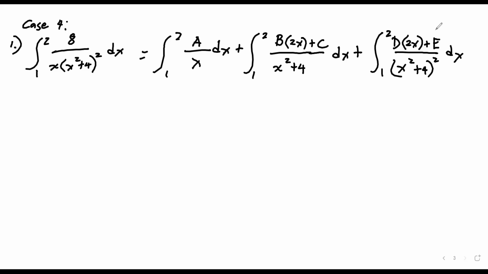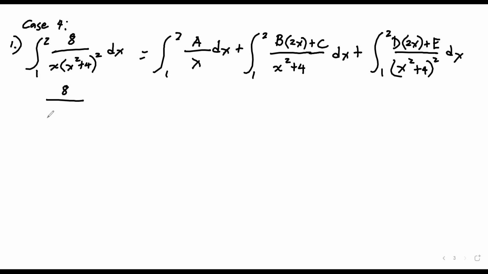It's long. So given the integral of 8 over x times the square of x squared plus 4 dx from 1 to 2, that is equal to, when we do partial fraction, the integral of a over x dx from 1 to 2 plus b 2x plus c over x squared plus 4 dx from 1 to 2 plus the integral of d 2x plus e over the square of x squared plus 4 dx from 1 to 2. So we do partial fraction to find the value of a, b, c, d, and e.